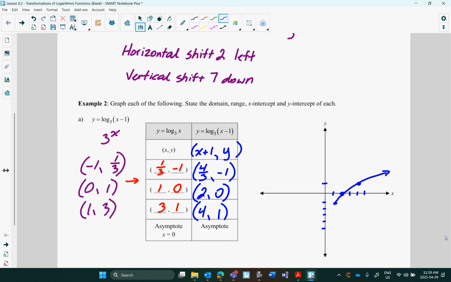But what happened to the vertical asymptote from the original? It moved 1 to the right, didn't it? So if there's a horizontal shift in a log function, the asymptote is going to shift. So instead of x equals 0 or the y-axis, it moved over 1 along with all the points. So now we've got to just make sure that we're going along there.